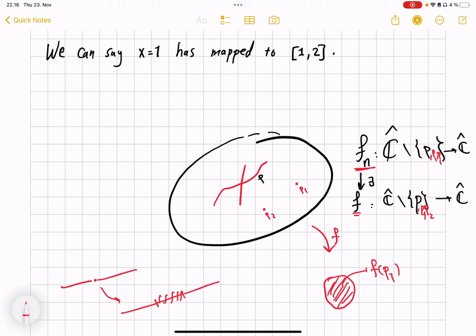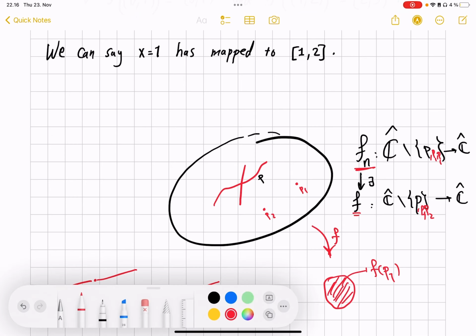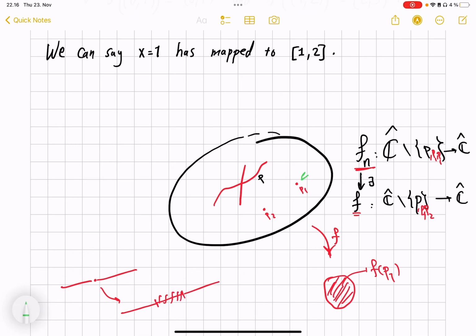So a similar phenomenon happens. Again, this mapping of a point to a disk is in the sense of quotient spaces. And the reason it's possible is that technically none of the f_n's are defined actually on P1, so they are defined on the exterior, away from this point.